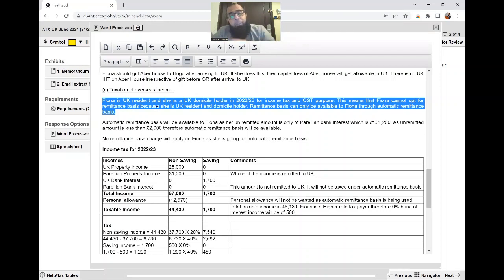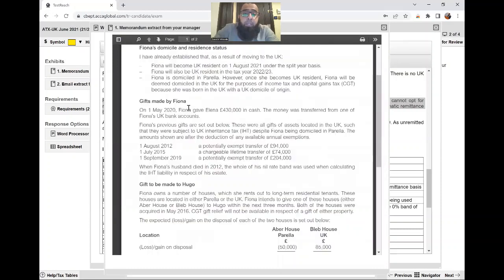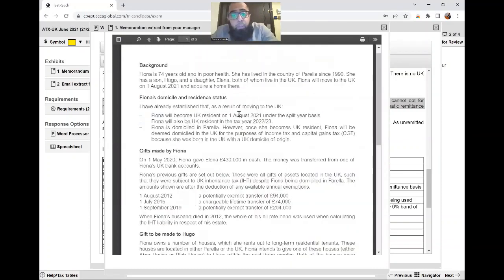Now, when we talk about Fiona, she is UK resident and she is deemed UK domicile holder. Now, how did we know this? It was written in the memorandum, if you remember. It was written in the memorandum here. Fiona will be UK resident on 1st August 2021 under split year, which means that after August 21, she is UK resident. Fiona will also be resident in 22-23.